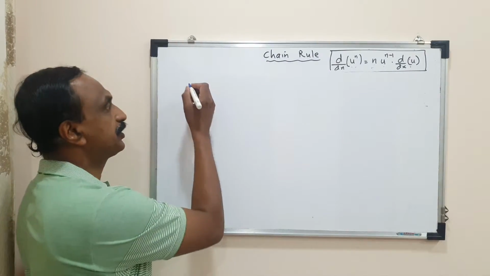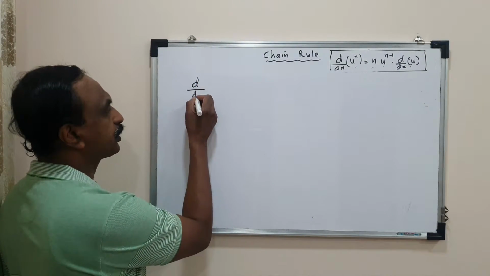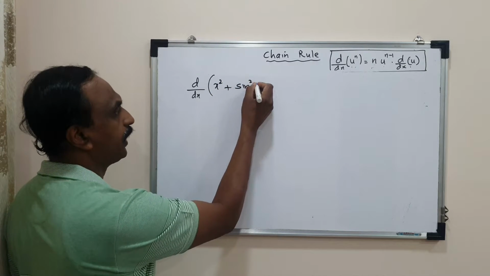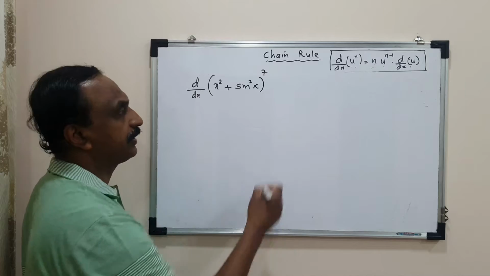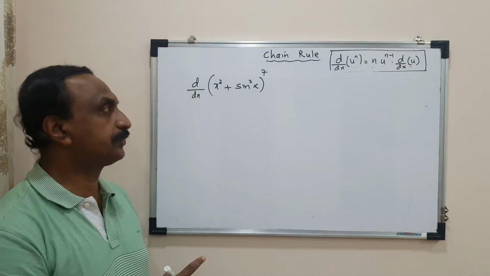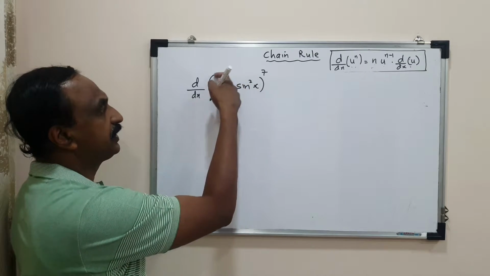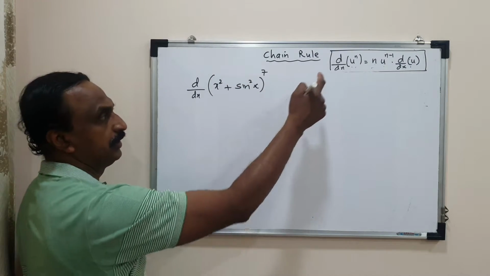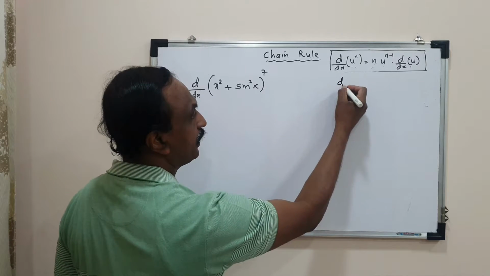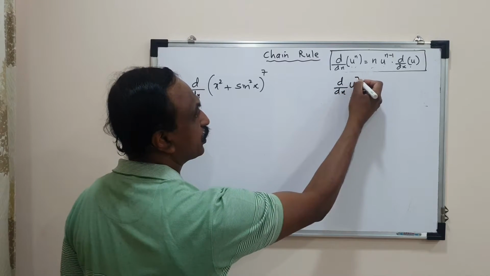Let's try to differentiate this function. d by dx of (x square plus sin square x) raised to 7. So this we can see is very interesting in this particular problem. First, this is u raised to 7. So what is the derivative of u raised to 7?